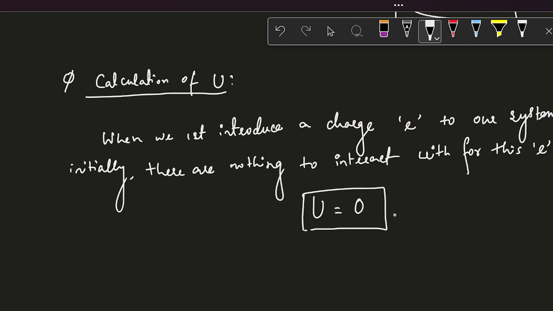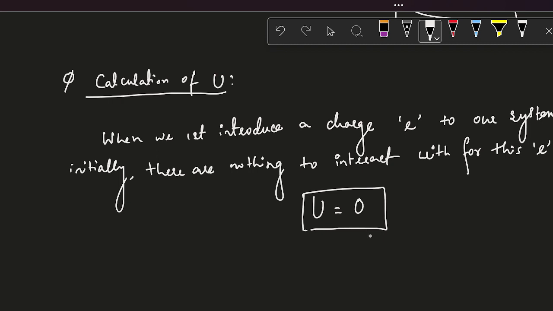Of course this is not an ideal case, because when you place a particle it always has a surrounding which it interacts with, but here it is taken as an isolated system where you have only the particle when you introduce it and nothing else to interact with. So for the first particle, because there is nothing else to interact with, we take the initial interaction energy for the system to be 0.